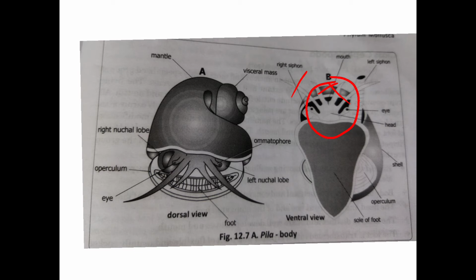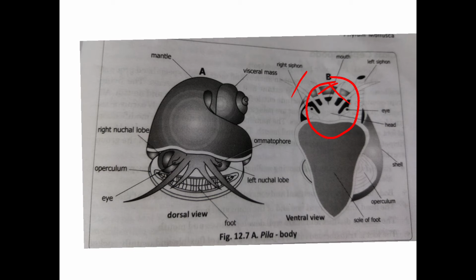They are sexually separate. Sometimes they show hermaphroditism, but actually the sexes are separate. Fertilization is internal, and there are two larval forms, trochophore and veliger larvae.